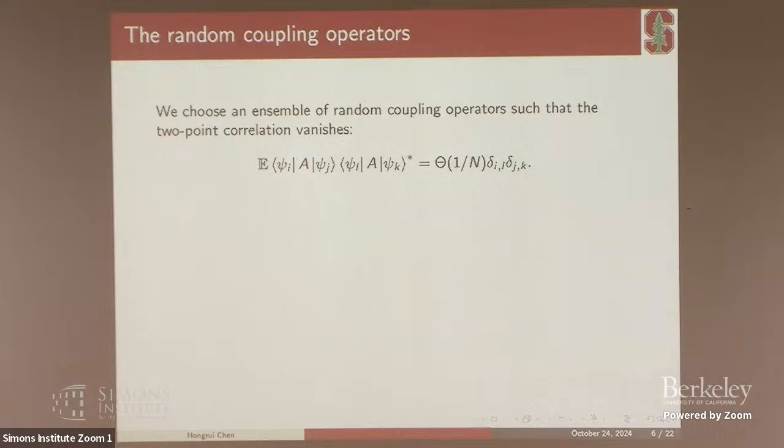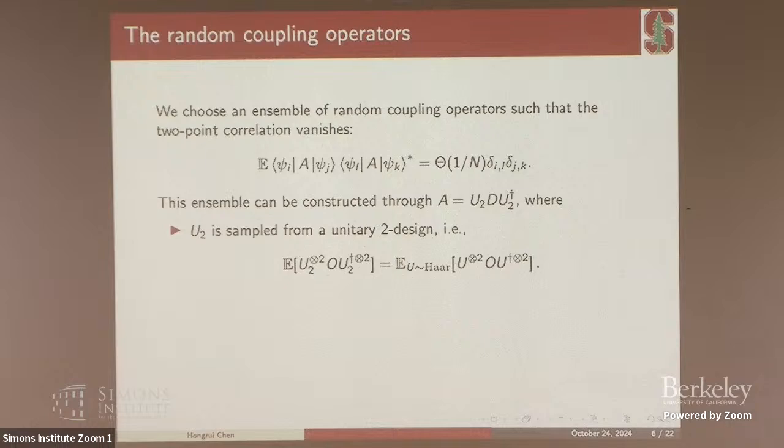This coupling operator seems very unphysical, because the Hilbert space dimension is exponentially large and we want the correlation to be exactly 0. This is non-physical, but we can actually do this on a quantum computer. So this may be a case where the quantum computer is more powerful than nature, and it may help us to design some algorithms.